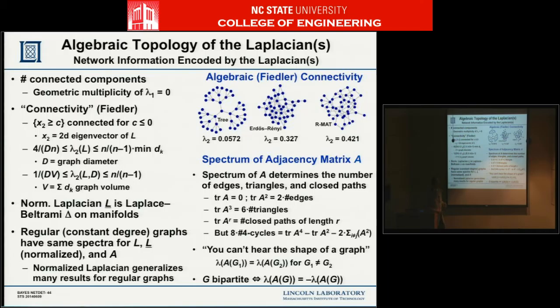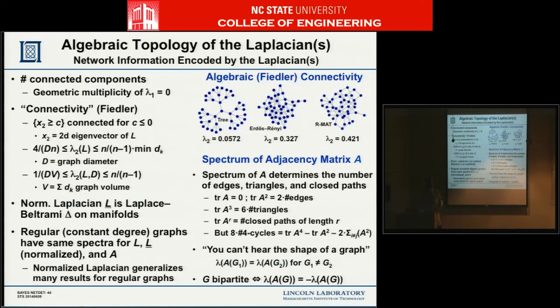And just very quickly, I've provided a summary of some of the topological reasons why people care about these Fiedler methods. For example, the number of connected components is how many times the smallest eigenvalue of the Laplacian is repeated.